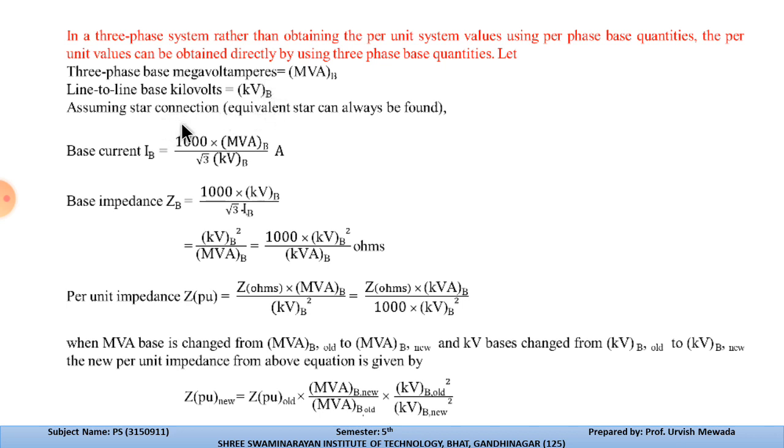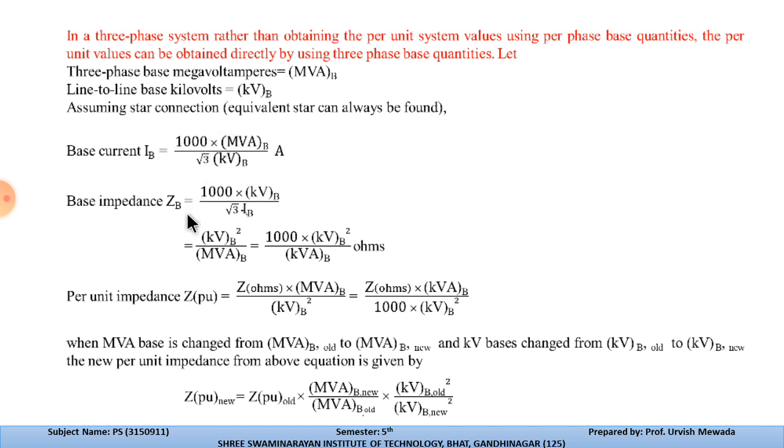So assuming star connection, the equivalent star can always be found, and the base current IB is 1000 into MVA base divided by root 3 into KV base ampere. From that we can have the value of ZB.